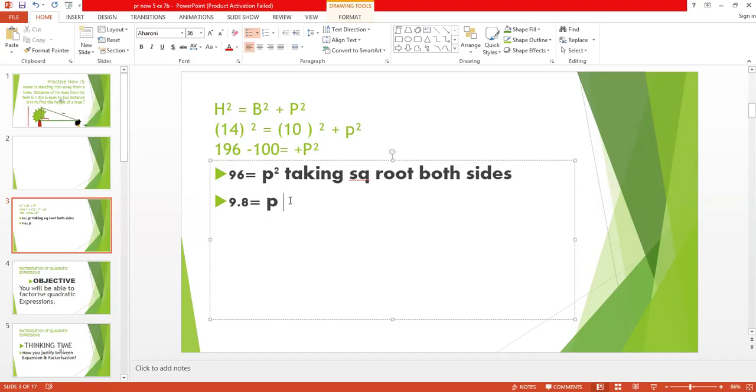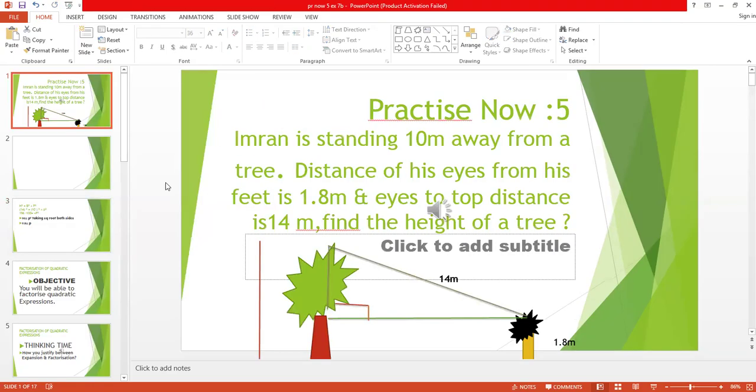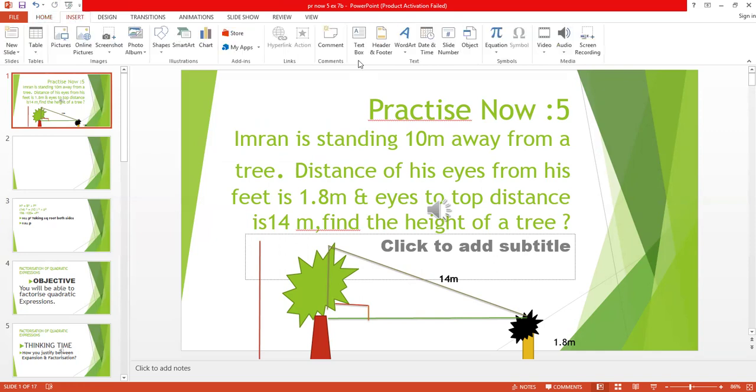Okay, so first of all, we have to find the perpendicular. That one is 9.8. Now again, we come to the diagram. This means that portion's measurement is 9.8. I have to write it for you also, so it becomes easier for you to understand what we are finding.